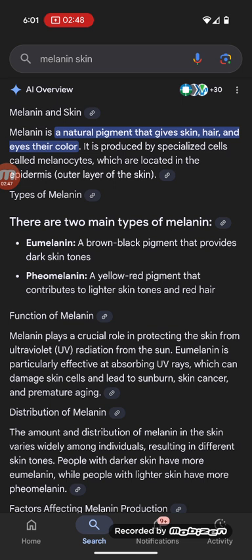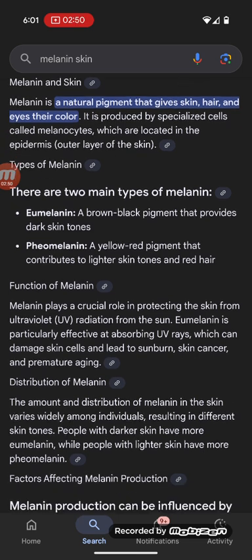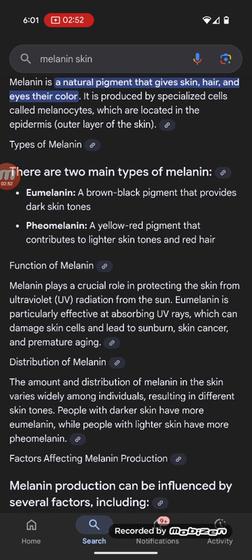Pheomelanin, a yellow-red pigment that contributes to lighter skin tones and red hair. And it says the function of melanin. It says melanin plays a crucial role in protecting the skin from ultraviolet radiation from the sun. Eumelanin is particularly effective at absorbing UV rays, which can damage skin cells and lead to sunburn, skin cancer, and premature aging.